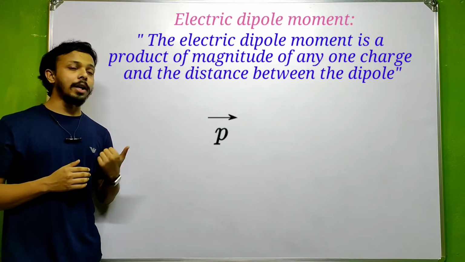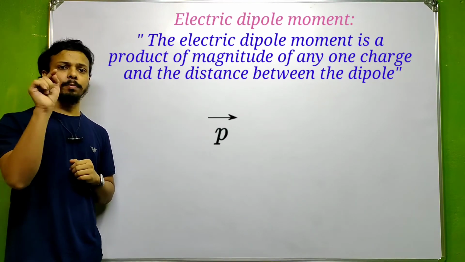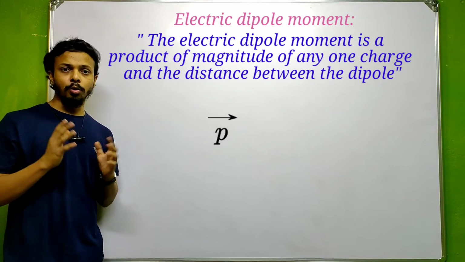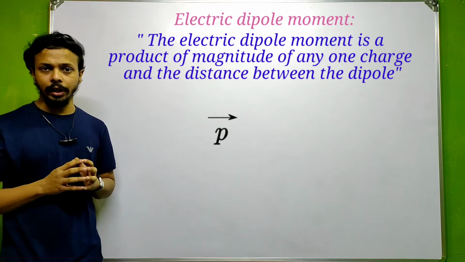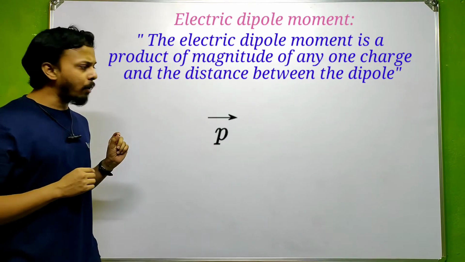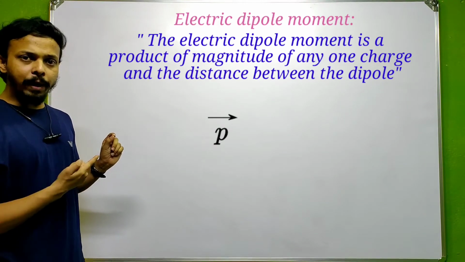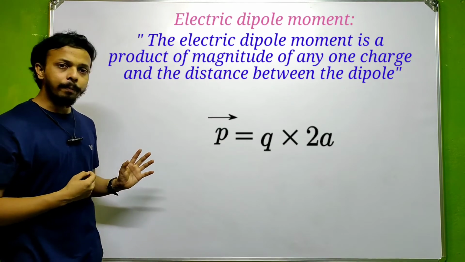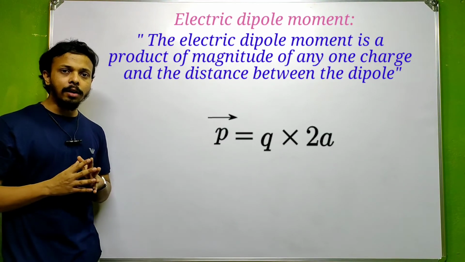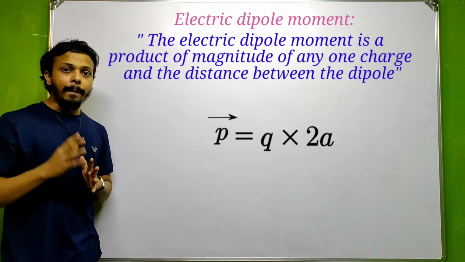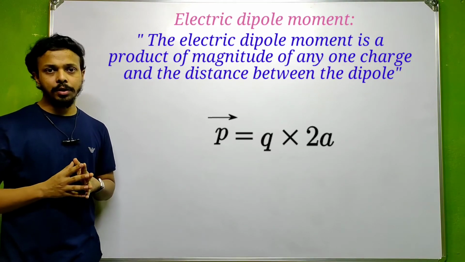As you can see, it is a vector quantity. I have put an arrow mark over the P. Electric dipole moment is a vector quantity, denoted by P. So P is equal to q into 2a. As I am saying, it is the product of the magnitude of any one charge and the distance between them.